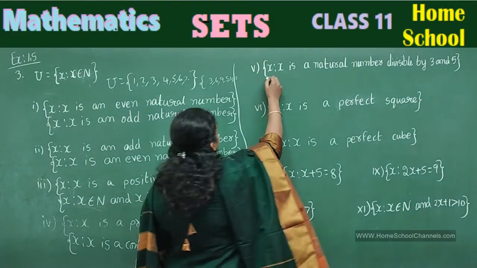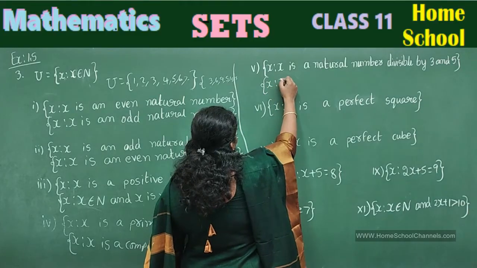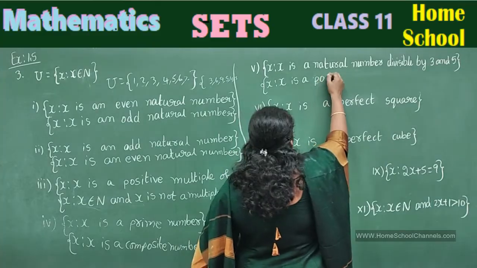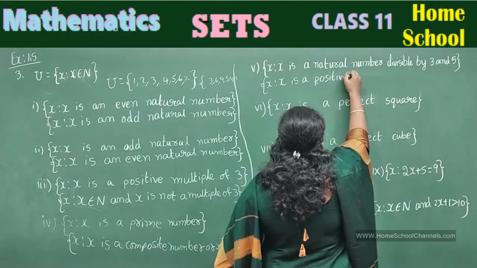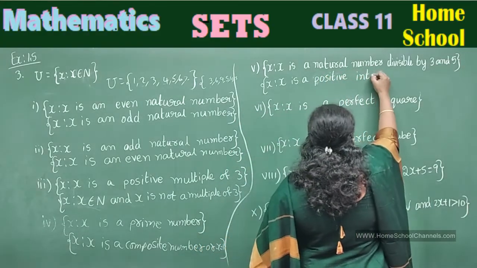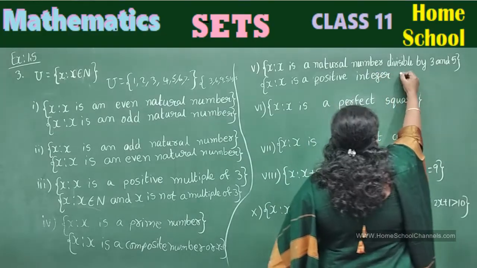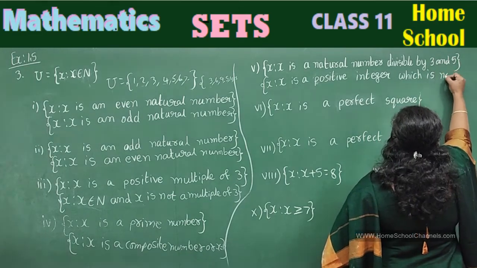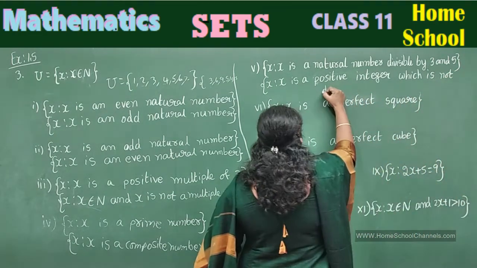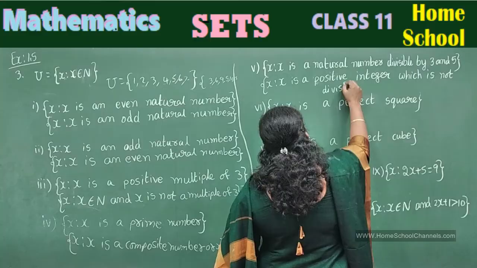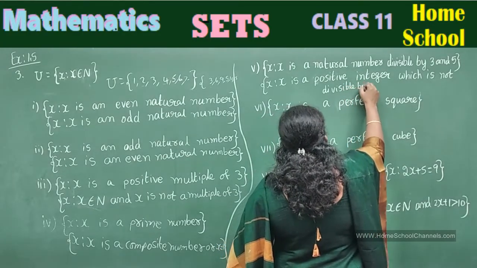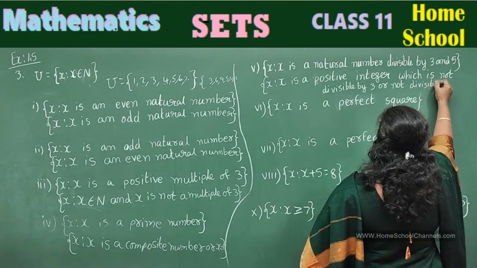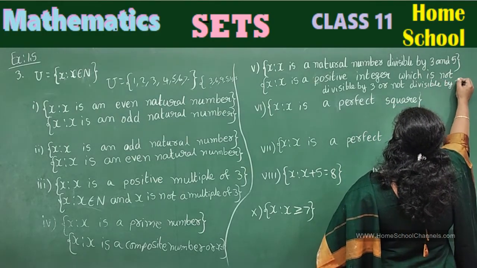That means set of all x such that x is a positive integer which is not divisible by 3 or not divisible by 5.